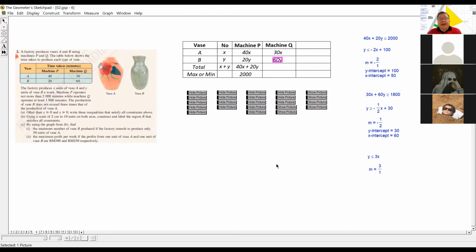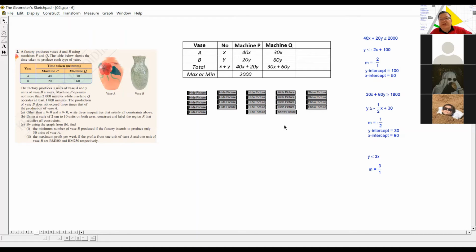Then the total production time for this machine Q is 30x plus 60y. So this is the time using the machine Q. And what is the constraint?